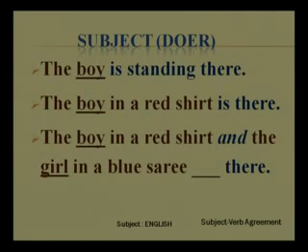In a red shirt is called an adjective phrase for the boy, and in a blue sari is an adjective phrase for the girl. Now it indicates that here there are two subjects, or the subject is plural. So it becomes the boy in a red shirt and the girl in a blue sari are there.